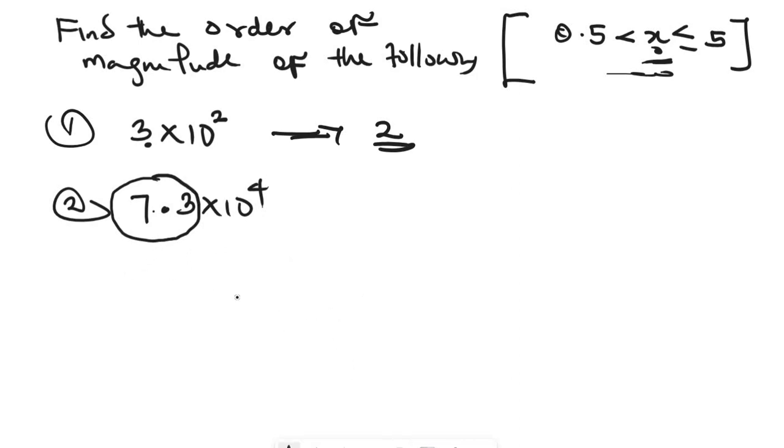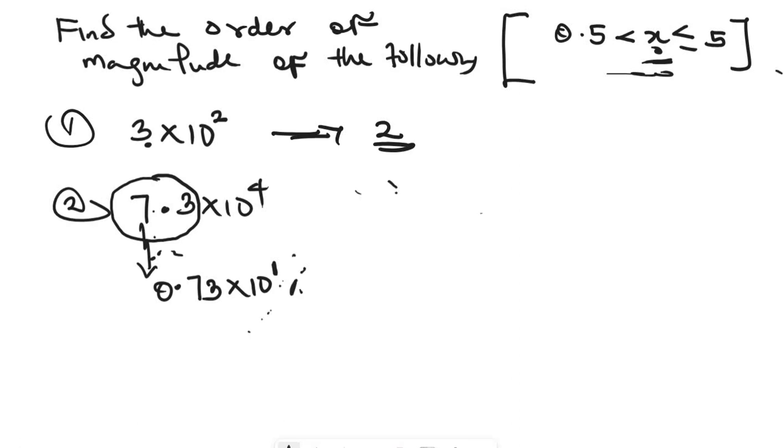7.3 is also the same thing as 0.73 times 10 to the power 1. So remember the 10 to the power 4 that was there before.